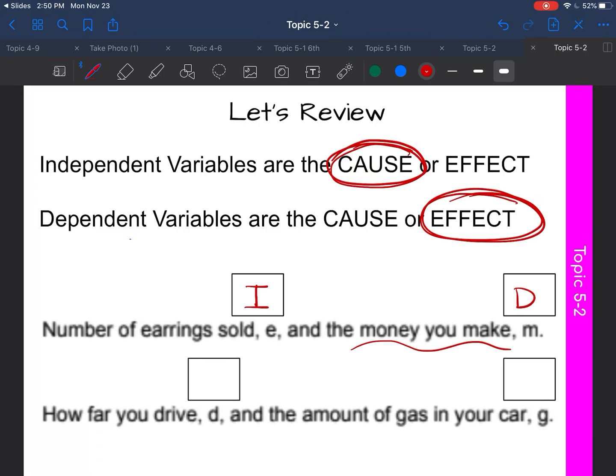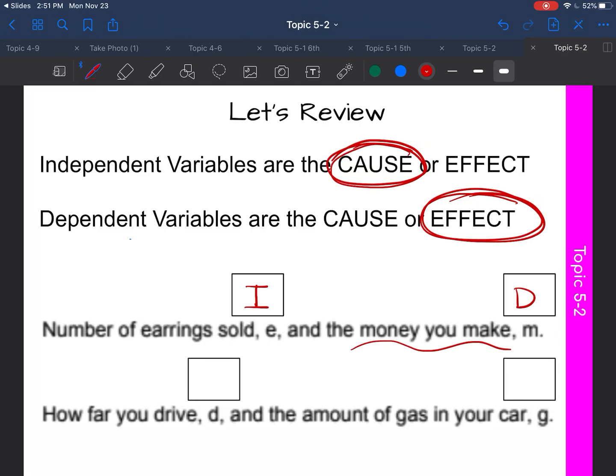Okay, I'm going to go with the fact that the amount of gas in your car is what you're kind of starting with. Okay, so you're starting with a certain amount of gas in your car.